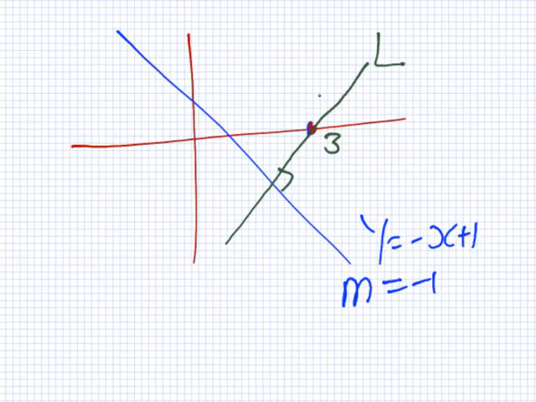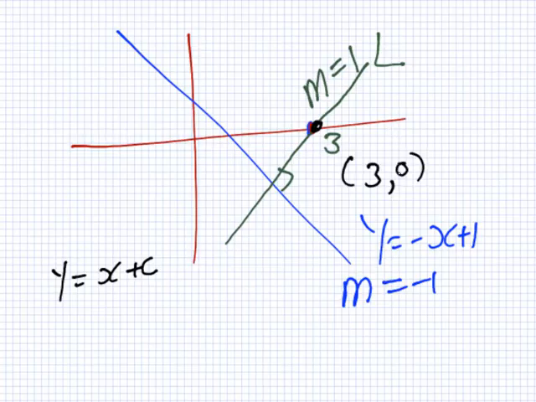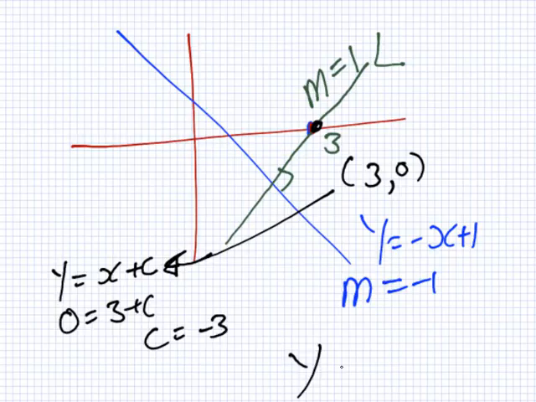Minus 1. So for me, my slope is 1. So I have y equals 1x plus c. Now what's the point I can use? What's the x and the y? 3, 0. So I can put that in. 0 equals 3 plus c, so c equals minus 3. So y equals x minus 3.